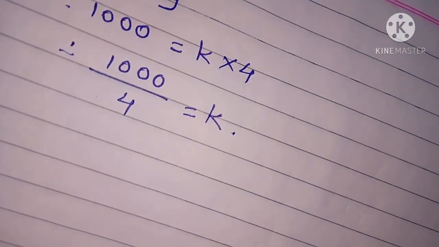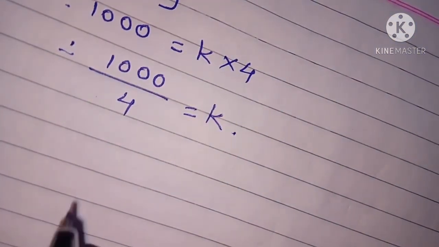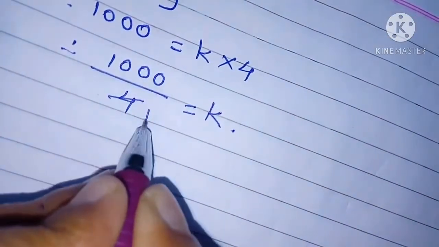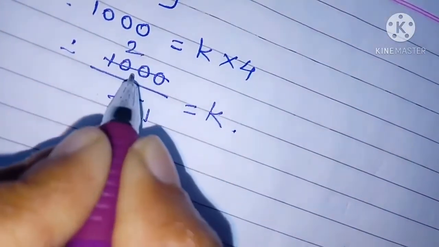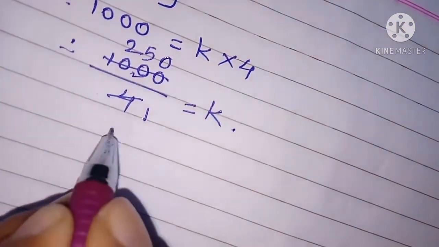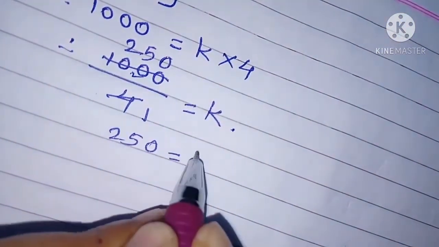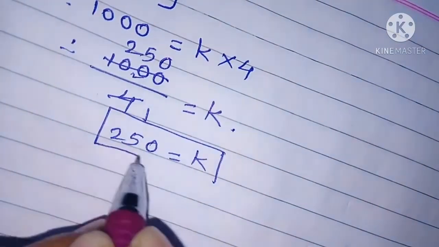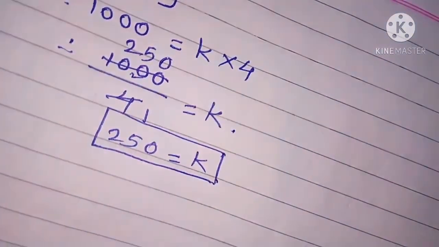So finding the value of k, that is 250 is equal to k. Constant of variation is k.